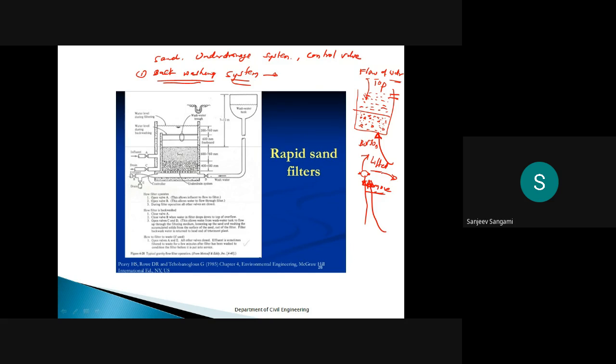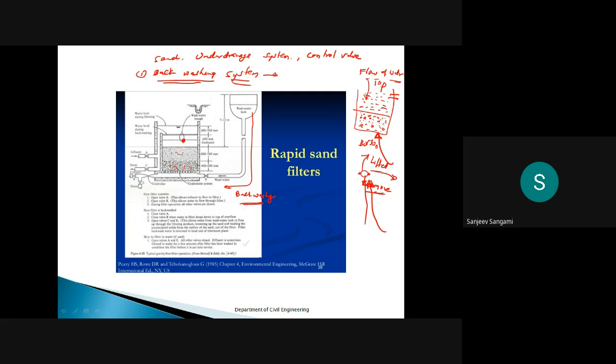Here in this figure you can see these are the beds: this is gravel and this is sand. This is the water level, and this portion is for the backwashing purpose.